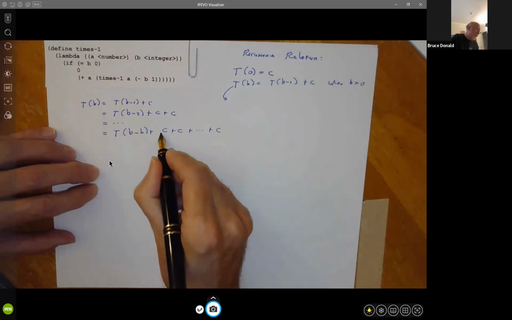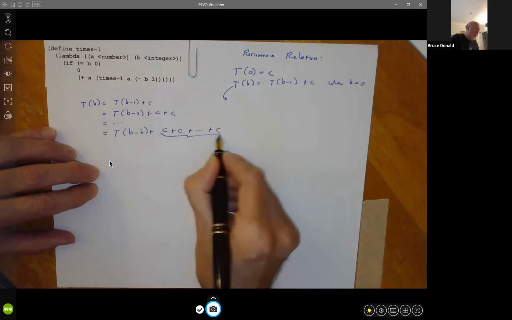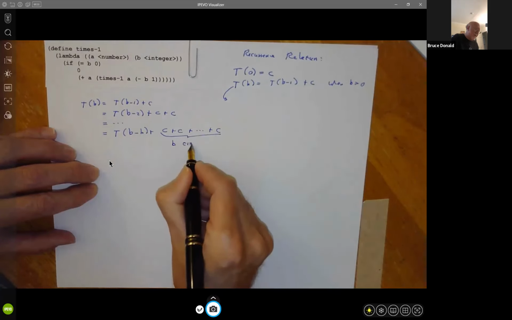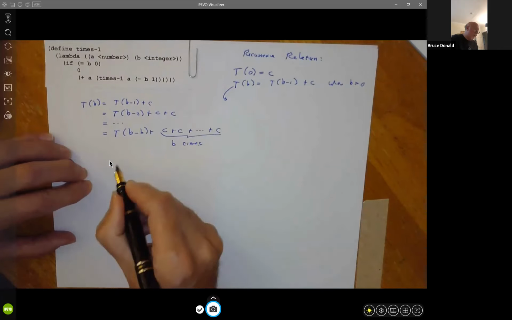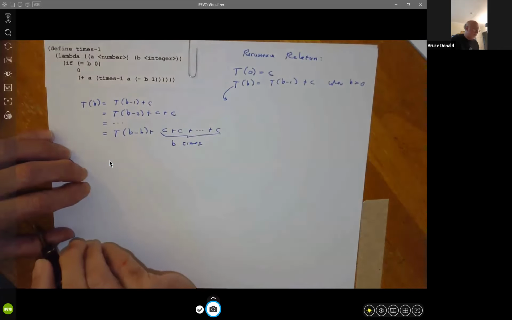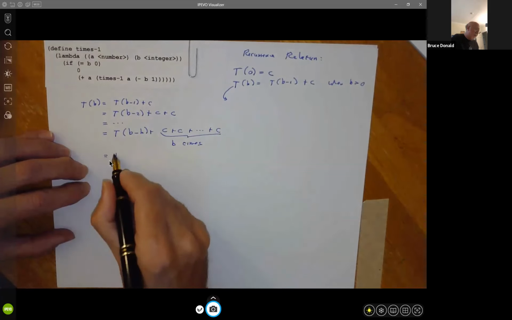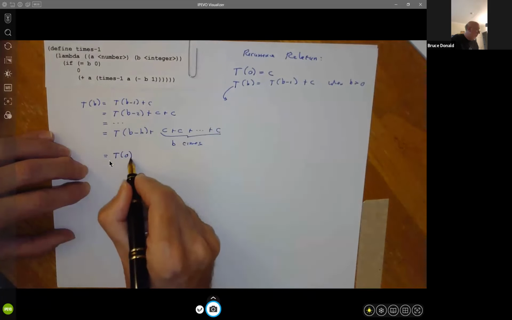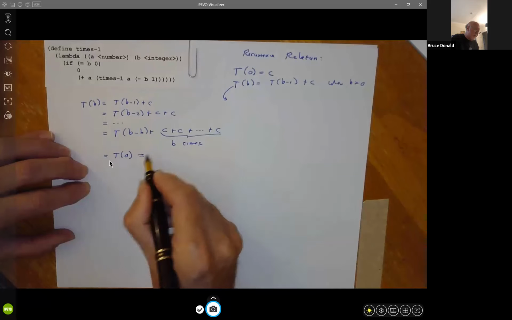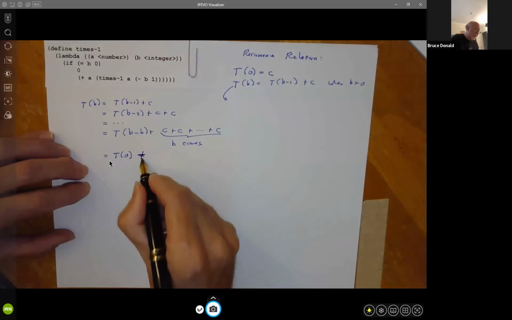Now, how many C's? Well, we'll do this B times. So it's sort of like an inductive proof here. So this then is equal to T of 0, because B minus B equals 0, plus B times C.